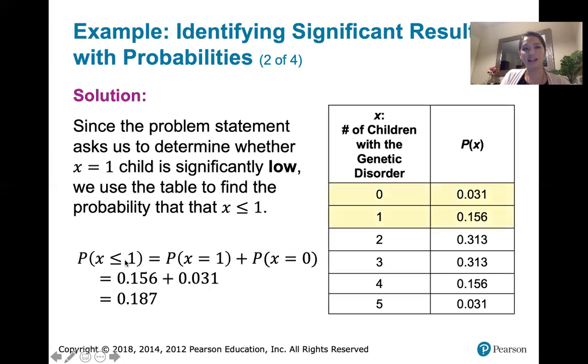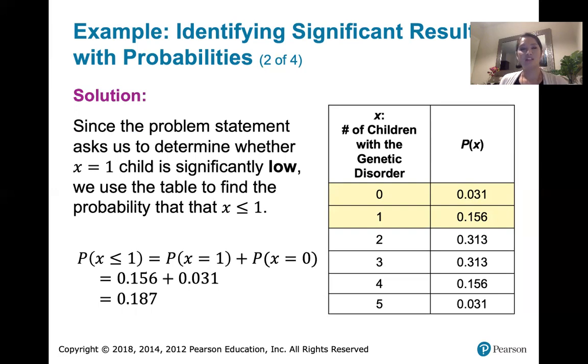So the probability that X is less than or equal to 1 is the probability that X equals 1 or the probability that X is less than 1. So X could be 0. And that's what we mean when we say significantly low. We're saying, what's the probability of having 1 in 5 of those children that have a genetic disorder, and then what's the probability of having an X value that's more extreme than that?